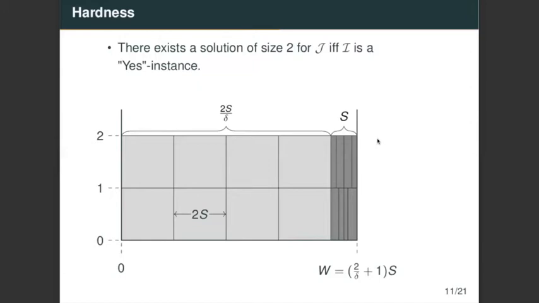And the total sum of the widths of each subset is exactly w. Since we cannot have more than 1 over delta dummy items in each shelf, the main items in each shelf have total width of at least s. So this means that I is a yes instance. This shows that strip packing cannot be approximated with factor 3½ minus epsilon unless P equals NP.